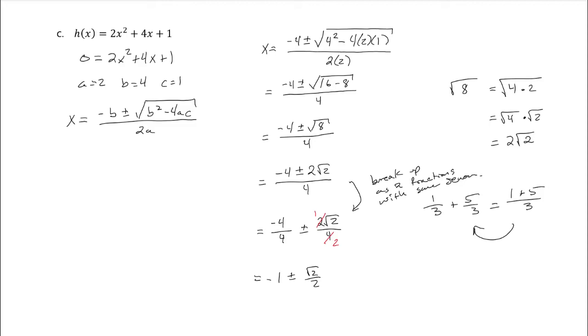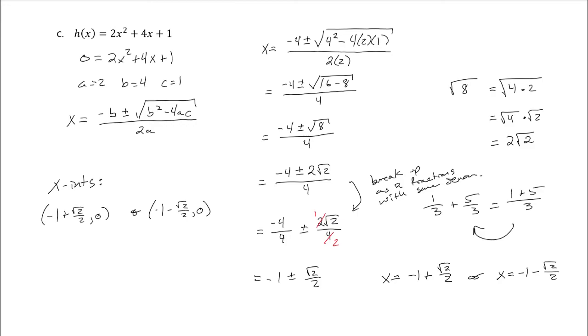So the two x values are x equals negative 1 plus the square root of 2 over 2, or x equals negative 1 minus the square root of 2 over 2. All right, with this, we can now state our x-intercepts with exact values. The x-intercepts are negative 1 plus the square root of 2 over 2, 0, and negative 1 minus the square root of 2 over 2, 0.